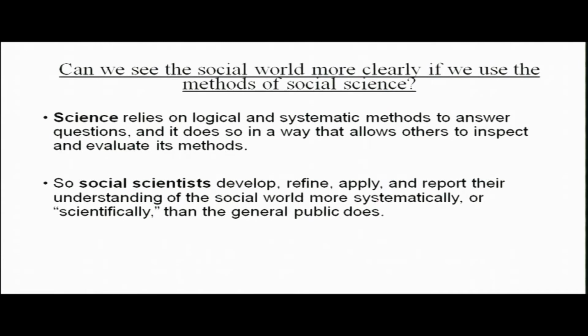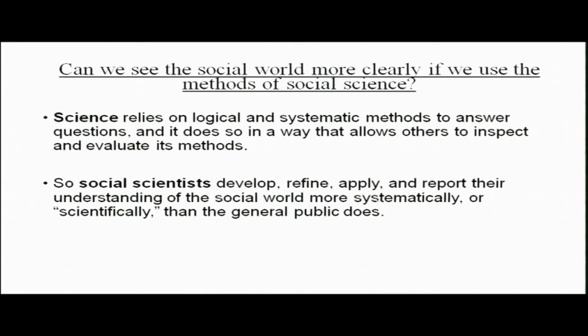So if we ask the question, can we see the social world more clearly if we use the methods of social science, we see again the basic principles of how science operates, with social science being part of that.